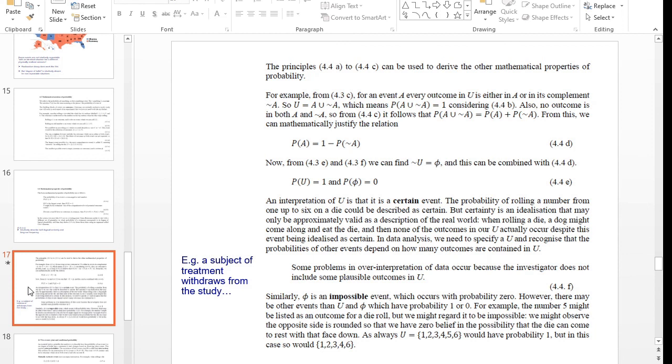Using the maths that we've looked at there, you can get some further relations for some other definitions.